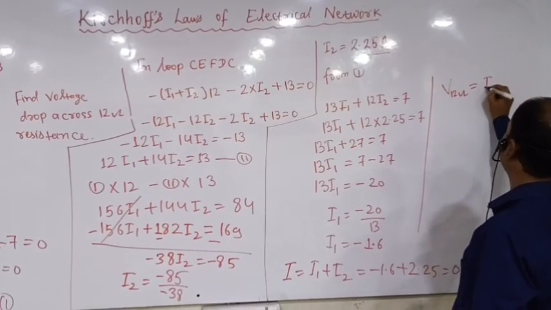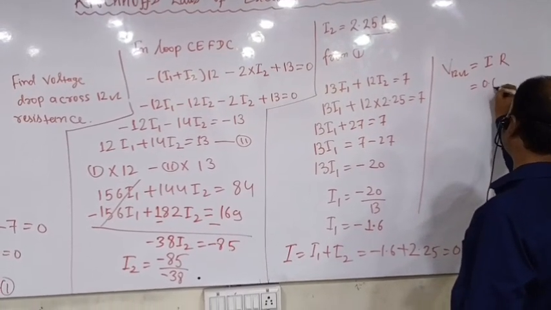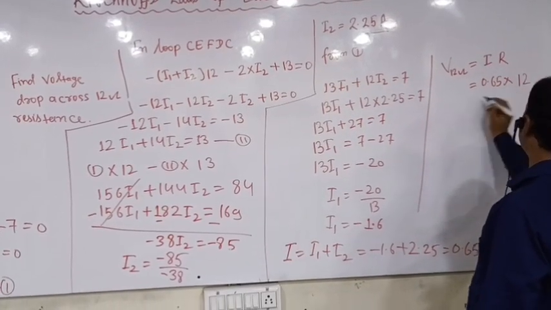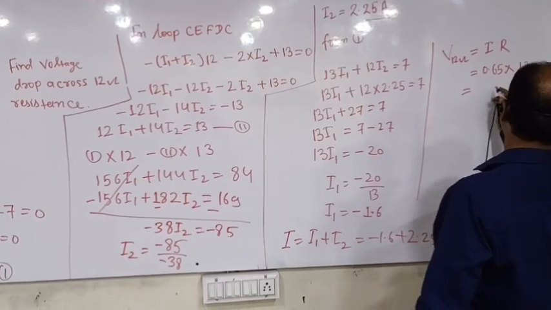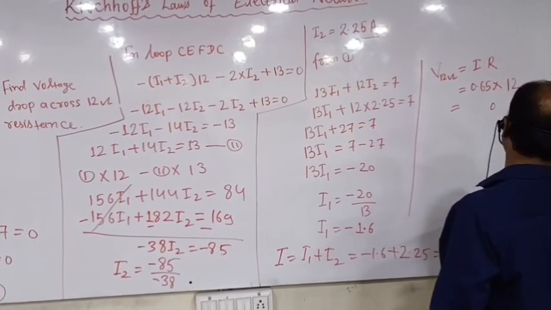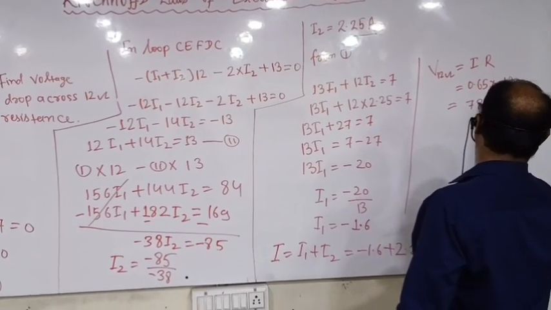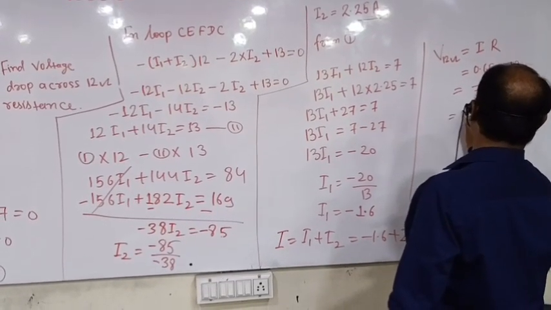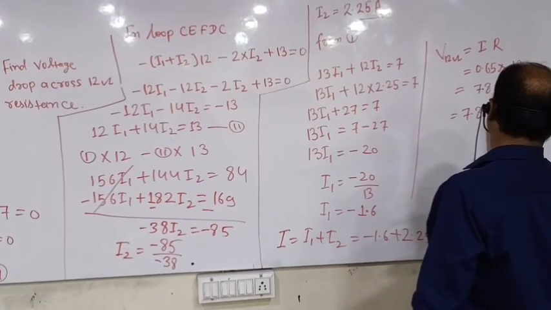It is I into R. The value of I is 0.65 and the value of R is 12, so we multiply: 12 into 0.65 is 7.8 volt.